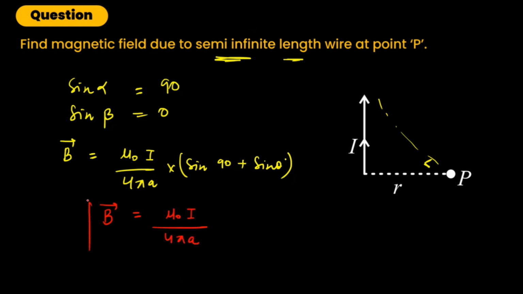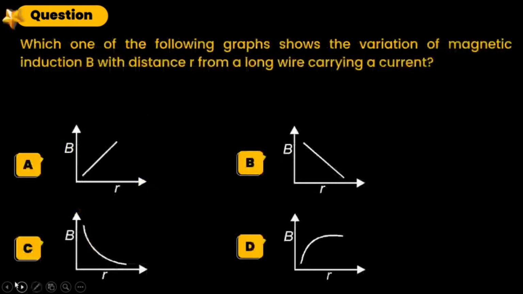Sine 90 is 1, sine 0 is 0. So we'll be getting magnetic field as mu naught I by 4 pi A. Again, this is more technical and you'll be solving more numericals on this. Then only you'll be able to get the field and other things. So that is something which is important and you need to look into it.